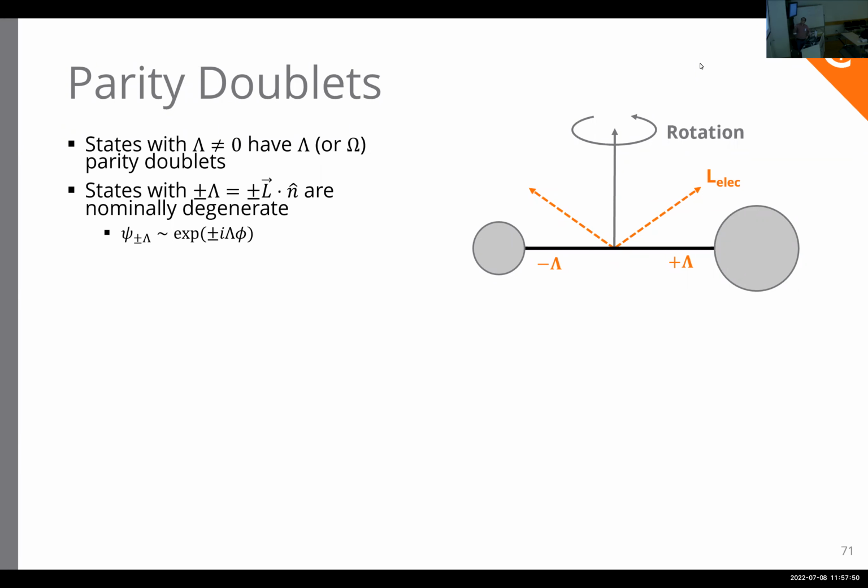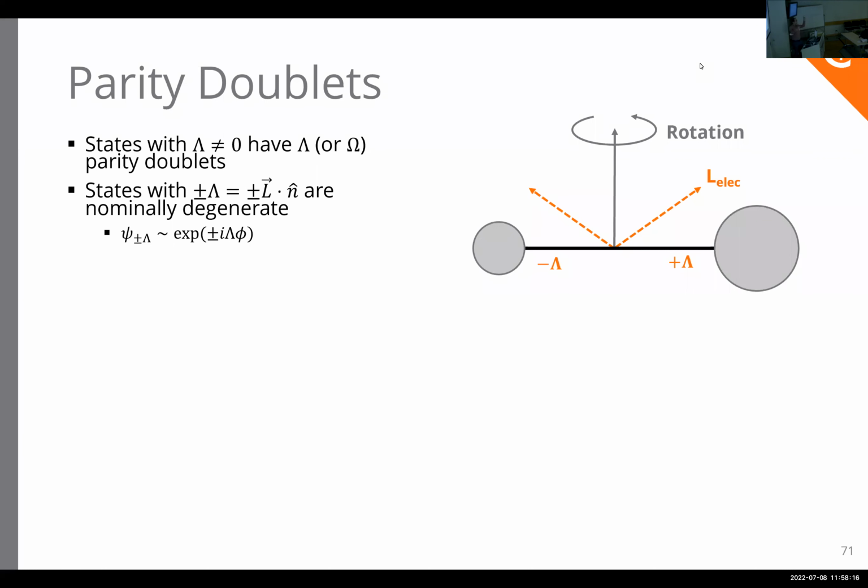because these states with plus or minus lambda are nominally degenerate. They're sort of time reversals of each other in a sense. So they have to have the same energy, like whether the electron is circulating like this or like this around the internuclear axis, it can't shift the energies. The wave functions, it's basically the azimuthal part of the spherical harmonics.